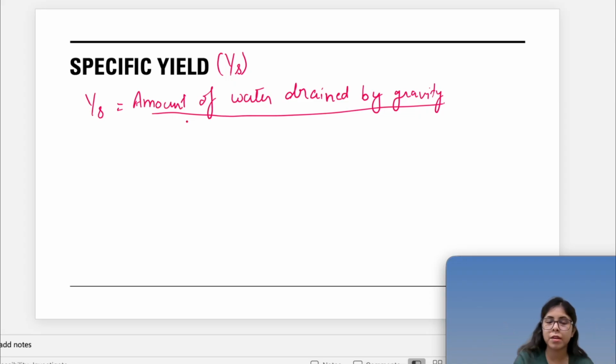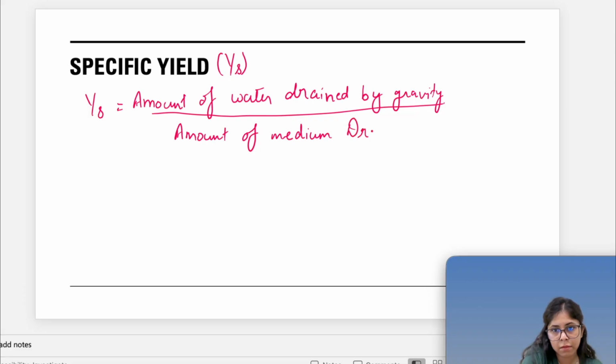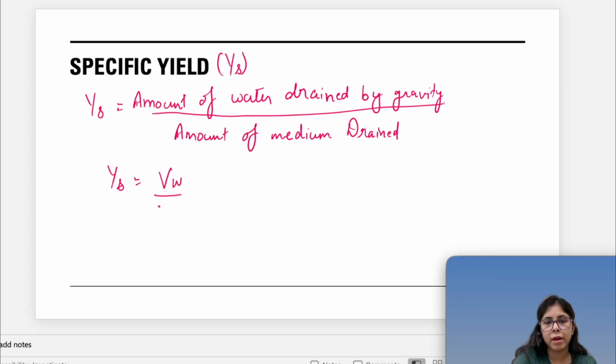The amount is simply volume, right? So it's the volume of water that came out divided by the total volume of the medium from which it came out. If we want to make it into a percentage, we multiply it by 100. So this is what specific yield is.